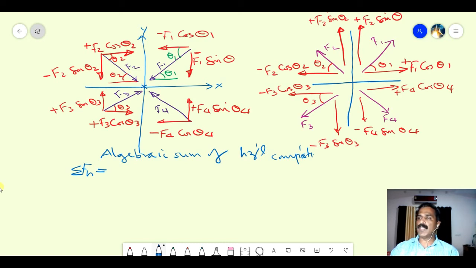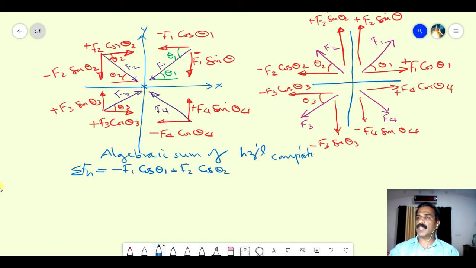So here in this case, the algebraic sum of the horizontal forces. Let us start with the first force. Its horizontal component is minus F1 cos theta 1. For the second one, plus F2 cos theta 2.